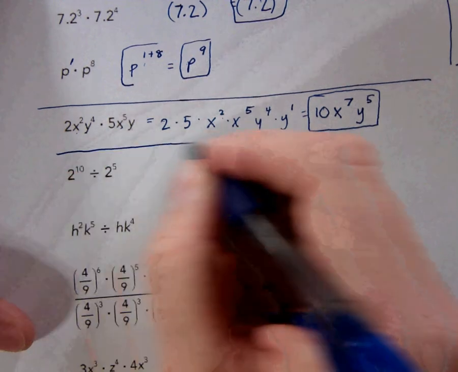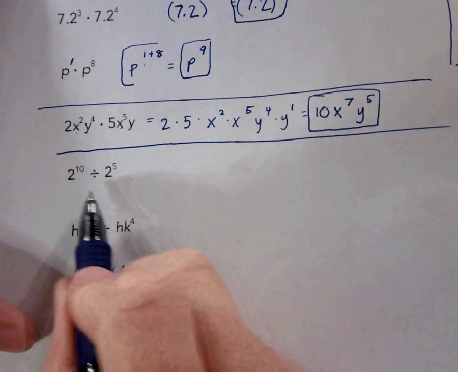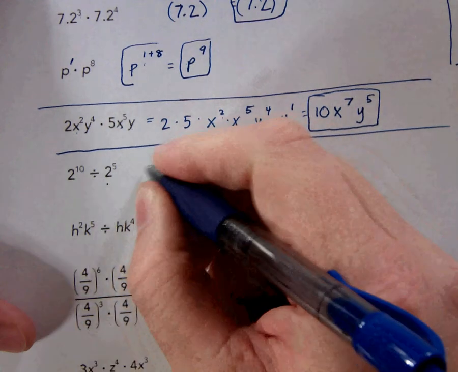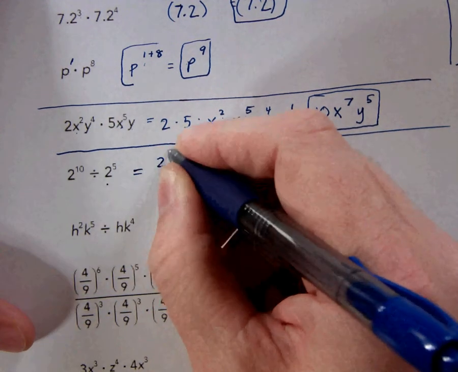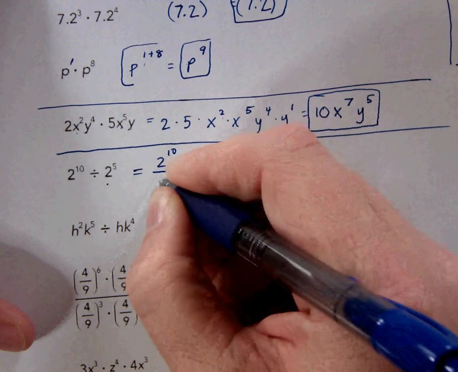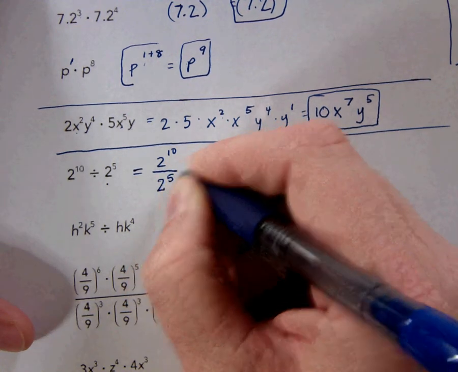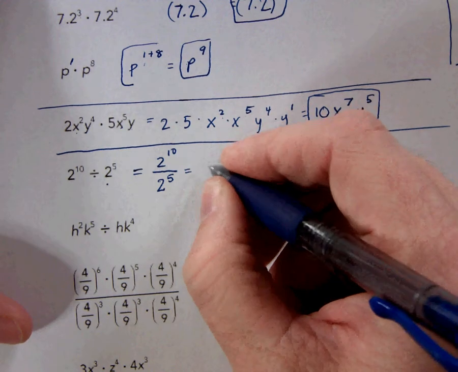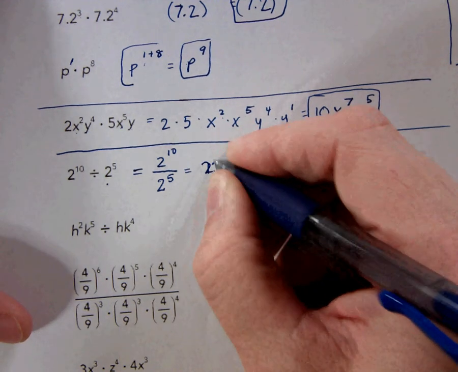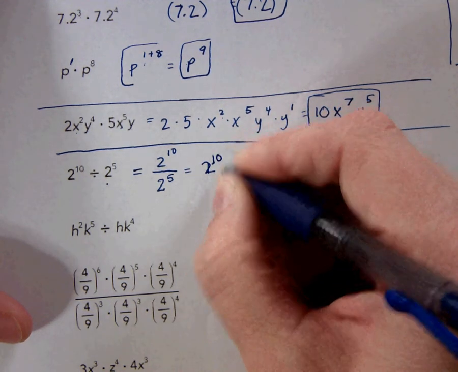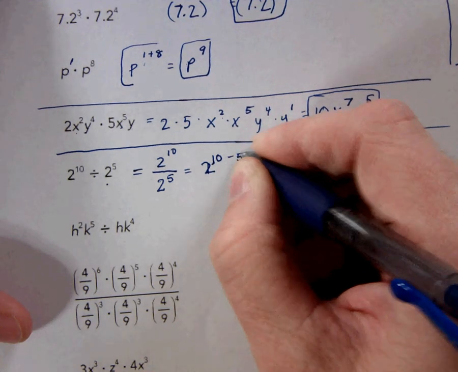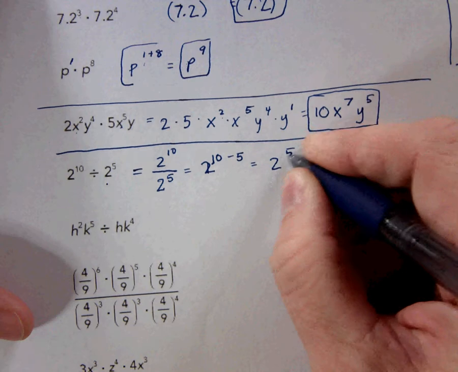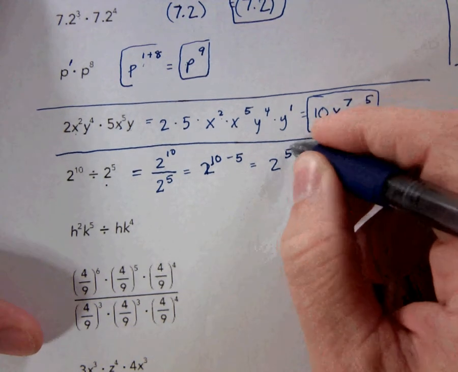This next one, we're going to use the quotient rule again. 2 to the power of 10 divided by 2 to the power of 5. Remember, this is the power of quotients, quotient powers. This is going to be 2 to the power of 10 minus 5, which is 2 to the 5th power.